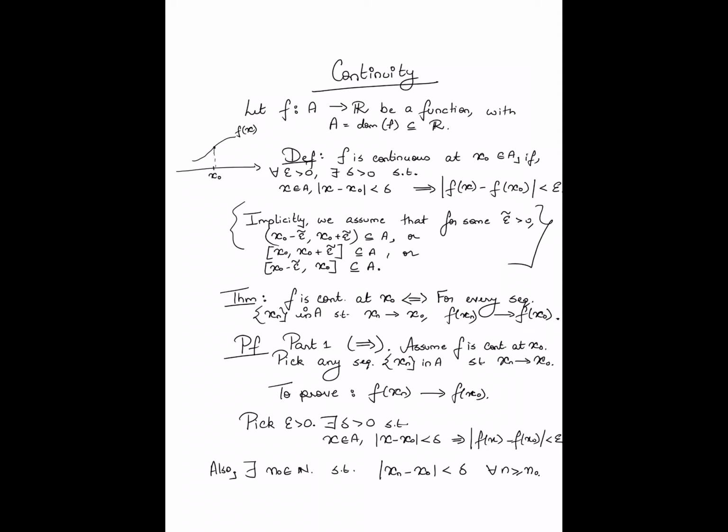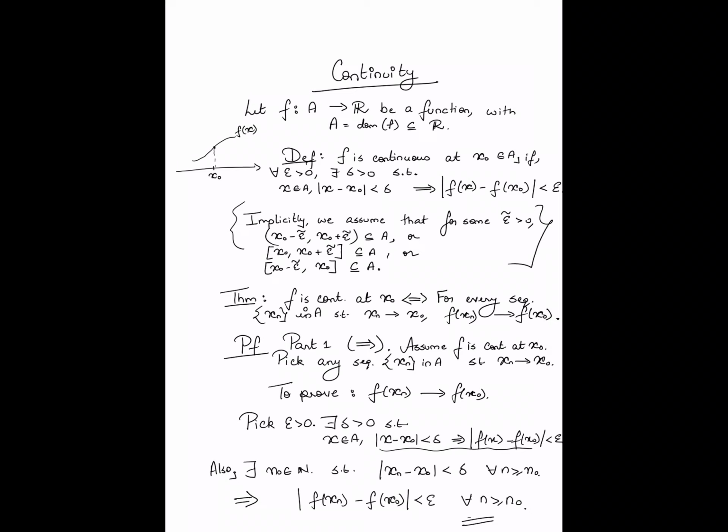So all you have to do is patch these two together and conclude that in fact f of xn must therefore also be within an epsilon distance of f of x naught for all n greater than or equal to n naught. Right, and that completes the argument. Because we know that for all n greater than n naught, xn is going to be within a delta distance of x naught, and that further from this implication tells you that f of xn must also be within an epsilon distance of f of x naught. Right, and that's essentially all there is to prove this side of the implication.